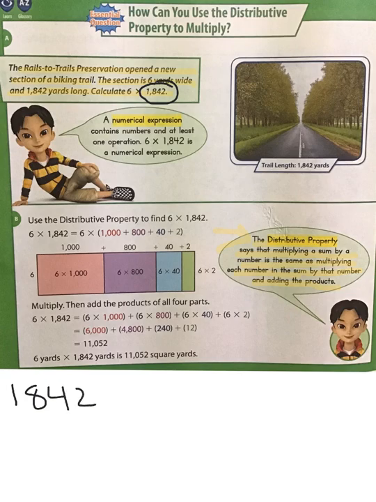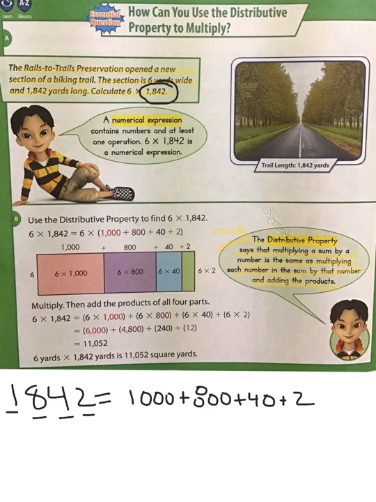We have 1,842. We are going to write this number in expanded form. So we know the 1 stands for 1,000, plus the 8 stands for 800, plus the 4 stands for 40, and the 2 stands for 2.